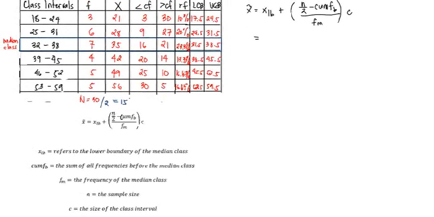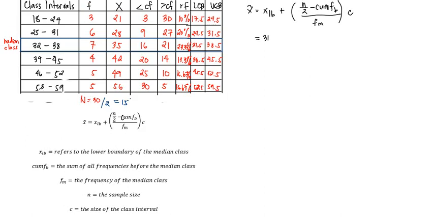And then what will be the lower boundary of this median class? The lower boundary of this median class is 31.5. So we'll just write out 31.5 plus your n divided by 2, which was calculated a while ago, 15, minus your cumulative frequency of f sub b, which is basically adding up all the frequencies before the median class, which are 6 and 3.